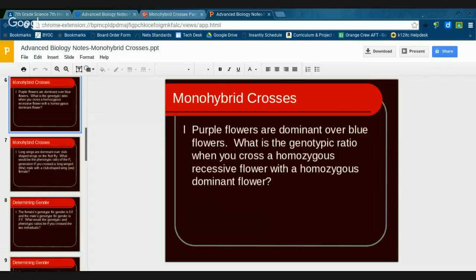So your phenotypic ratio would be how many are purple, which is dominant, to how many are blue. In this case, your answer would be 4 to 0, meaning all 4 of the offspring would be purple and none of them would be blue. That would be your phenotypic ratio if I were to ask you for that on this one.